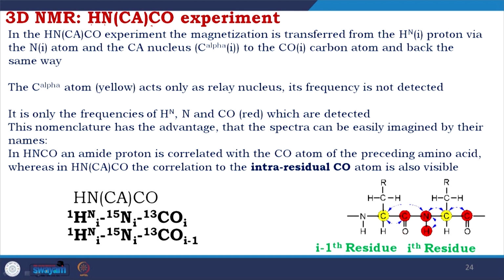So, the two carbonyls are measured, but the C alphas are used for relay, and their frequency is not detected. In the HNCO, an amide proton is correlated with the carbonyl atom of the preceding amino acid, whereas in HNCACO the correlation to the intra-residual carbonyl atom is also visible. So, here you get information between the two carbonyls.